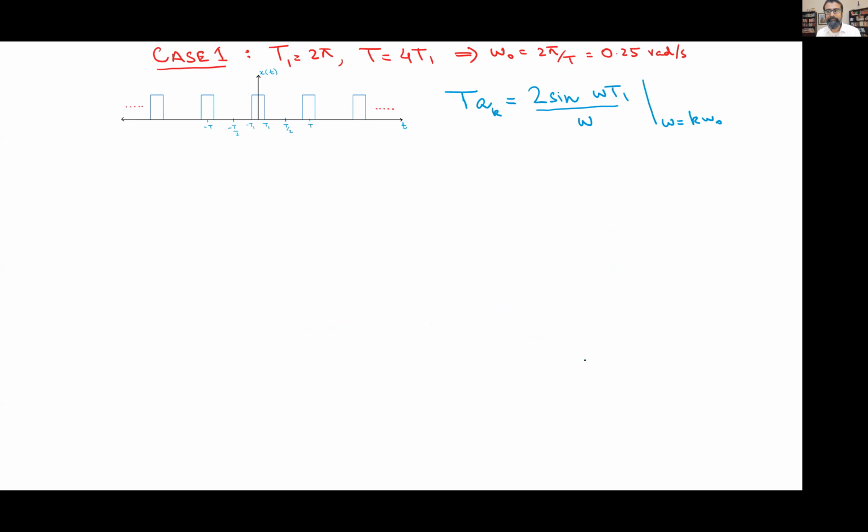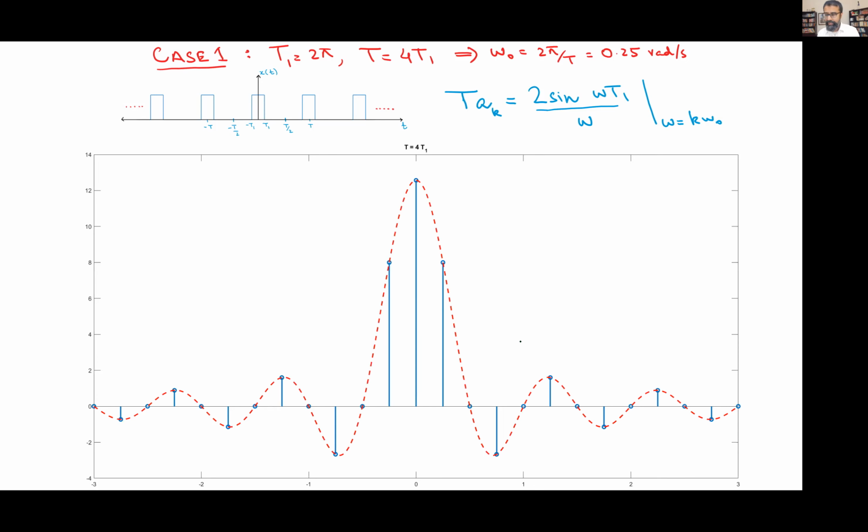Now, if I were to plot the Fourier series coefficients as a function of frequency omega, what I would get is something like this, right? On the x-axis, I have omega, which is the frequency, and on the y-axis, all I've done is plot using MATLAB T times a_k.